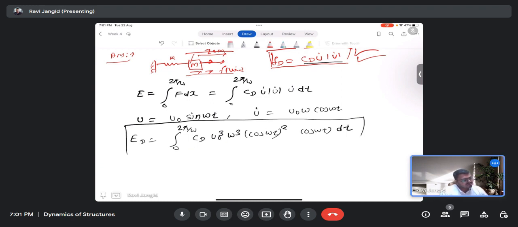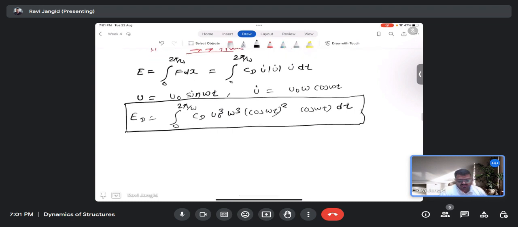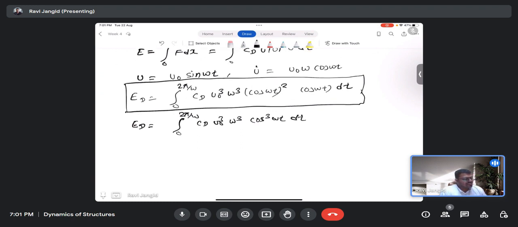So here my function cos omega t is always an even function. So for the even function, I can write it as the integral from 0 to 2 pi by omega of cd u naught cube omega cube cos cube omega t dt. As an even function, I can divide it into cycles also.